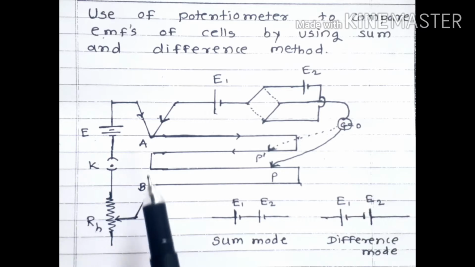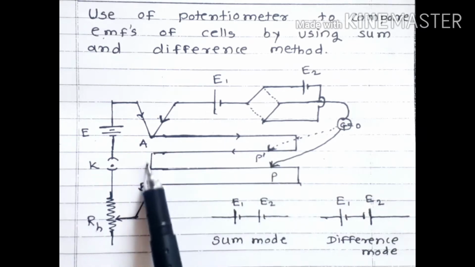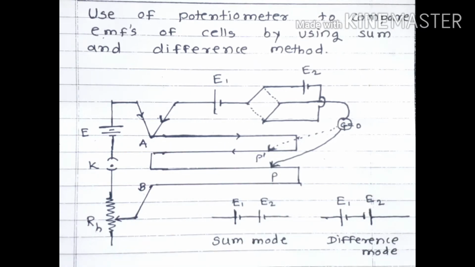And you measure this length AP. Suppose it is L1. The distance between point A and point P on the potentiometer wire is L1.